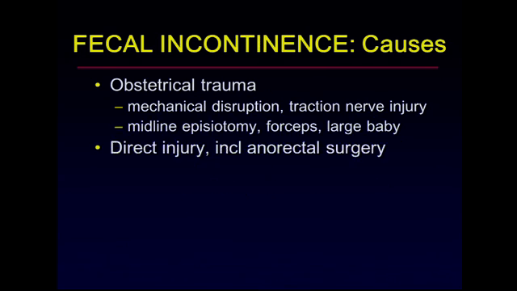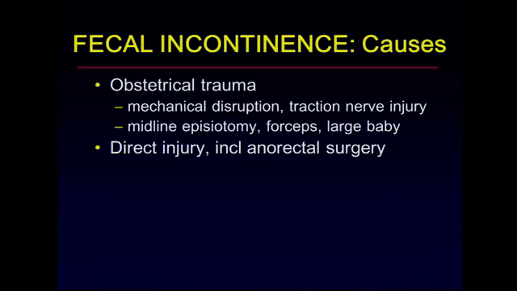Now, the vast majority of patients with fecal incontinence actually do have a tear of the anal sphincter. And by far and away, the most common cause of such tears is obstetrical trauma. So this is much more common in women who have had children. And tears are particularly common if there has been mechanical disruption of the sphincter during delivery because of a midline episiotomy, use of forceps, or a large baby.